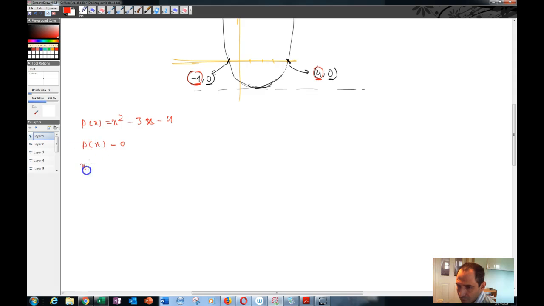But p of x is equal to x squared minus 3x minus 4, and that is equal to 0. If you set the polynomial equal to 0, that is going to give you all the different x's at which this phenomenon can happen.